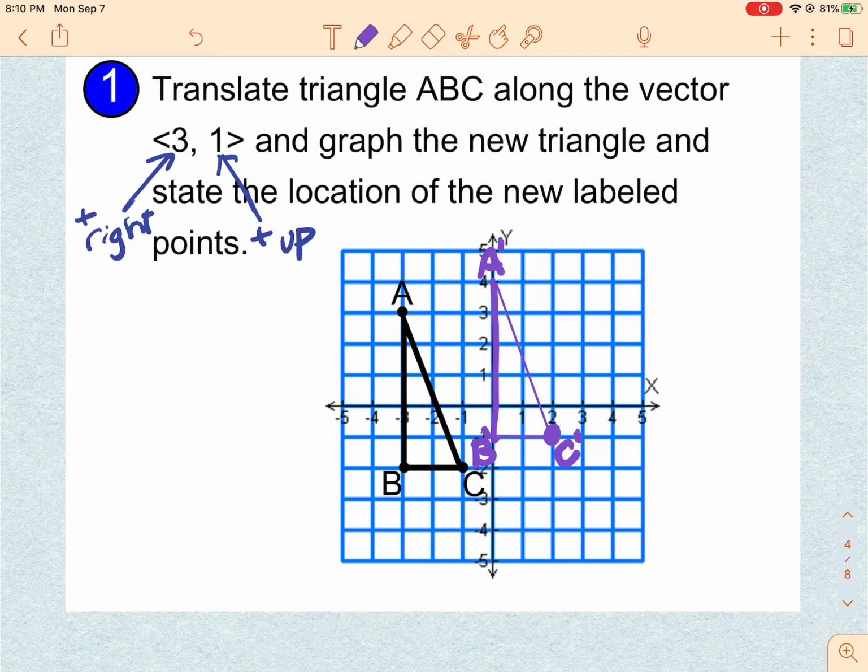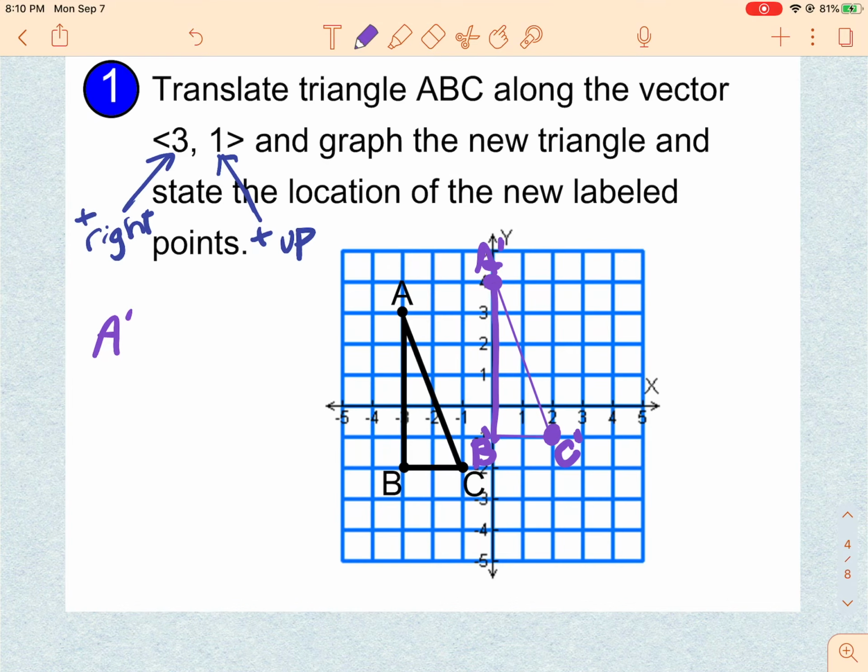Now, you actually moved all 3 points, actually every point on the entire triangle. So if I looked at A, I did go over 1, 2, 3, and then up 1 to get to A prime. You're actually moving each of those points. So we now have the graph of where they're at, but we want to label them.